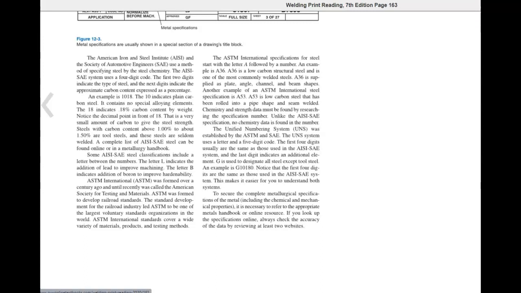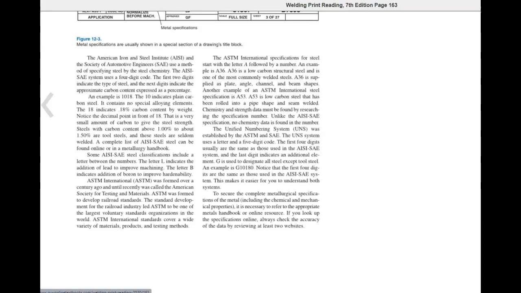Some SAE steel classifications include a letter between the numbers. The letter L indicates the addition of lead to improve machining. The letter B indicates the addition of boron to improve hardenability.